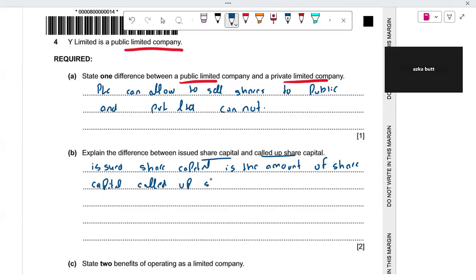Called up share capital is the part of issued share capital for which payment has been requested from the shareholder. It means that the company sold out the shares, but they didn't receive any amount. And they are basically called up share capital. It means that they are calling and requesting that, since you purchased shares from the company, now you have to pay the capital for it also.